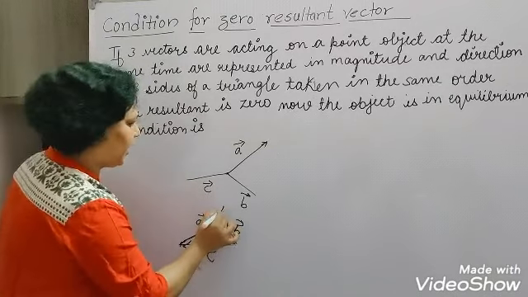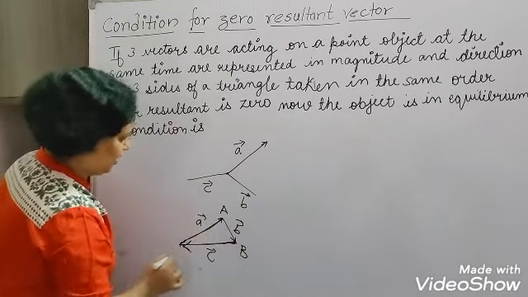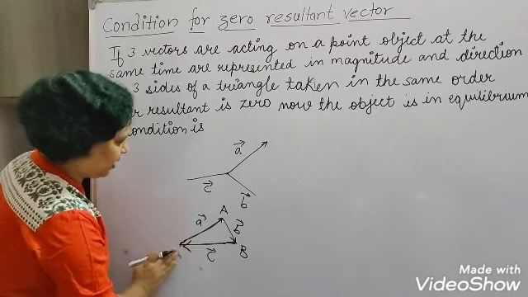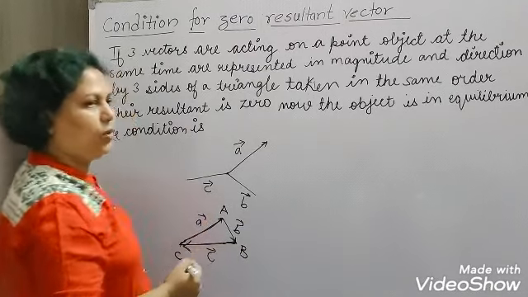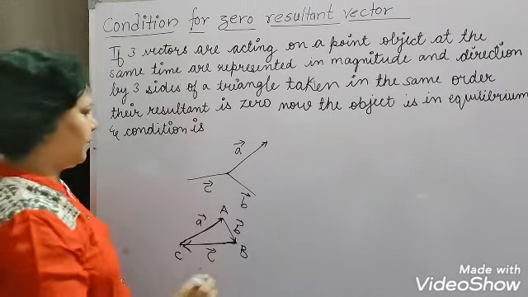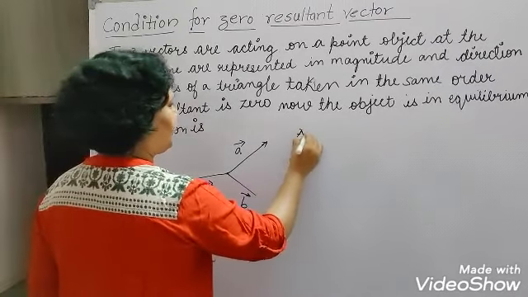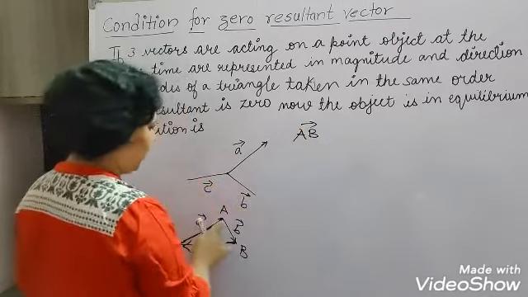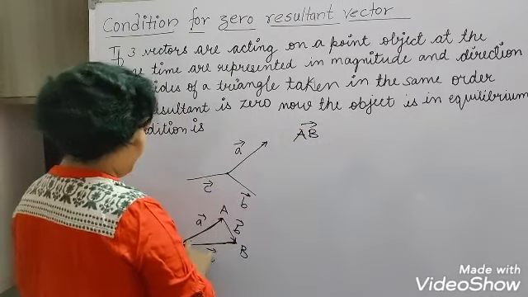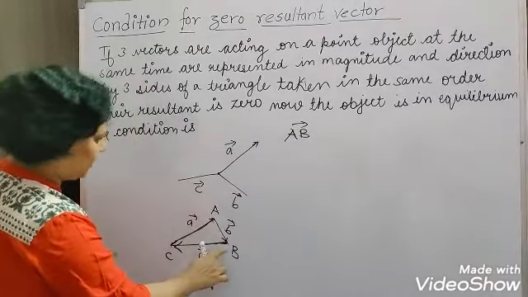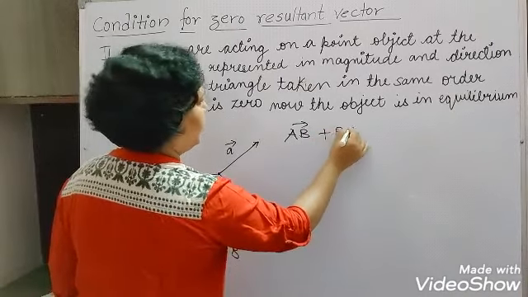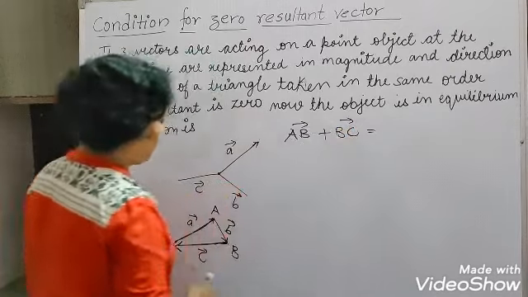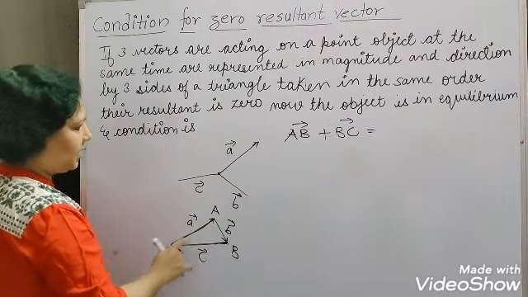Suppose I am writing the sides of the triangle in this way, A, B, C. As we know from the triangular law of addition, AB plus BC must be equal to AC.